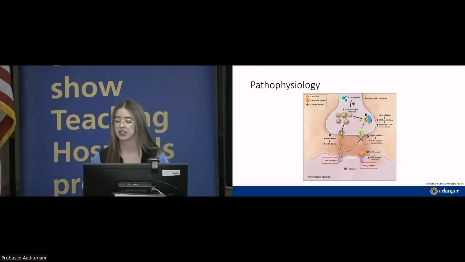Impaired reuptake into the presynaptic neurons with SSRIs, SNRIs, and TCAs. And lastly, direct serotonin agonists and agents like lithium that can enhance postsynaptic responses to serotonin. So most clinical cases involve more than one of these mechanisms acting together.